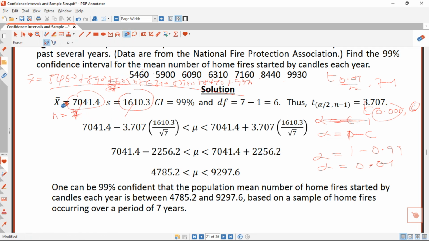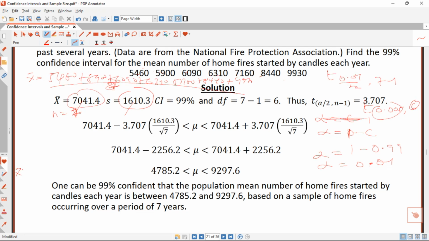So since we have our mean, standard deviation, our n and the critical value, we can just substitute inside the formula. And don't forget that the formula is given by x bar minus t alpha divided by 2, times s over square root of n, less than mu, less than x bar plus t alpha divided by 2, comma n minus 1, times s over square root of n, right?